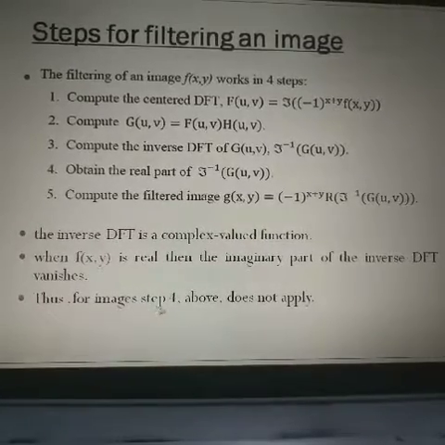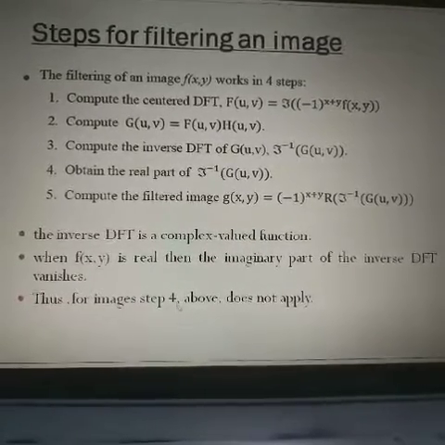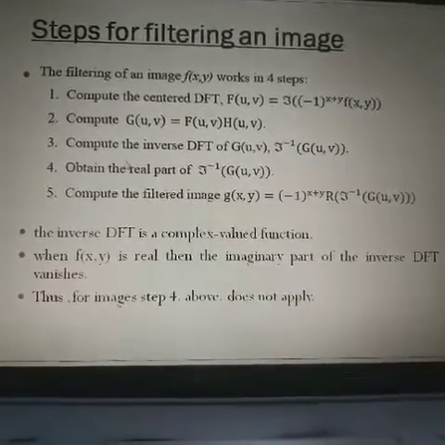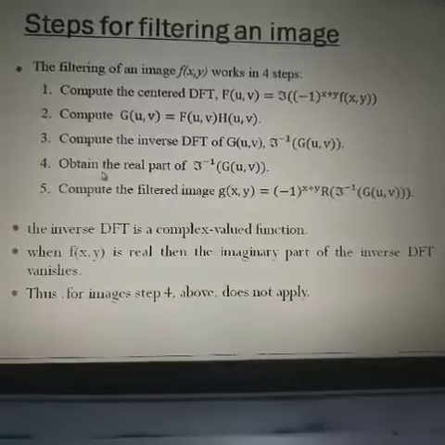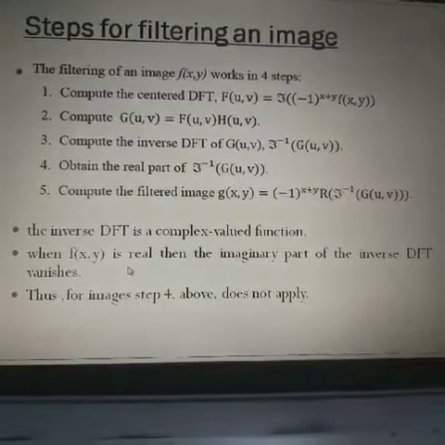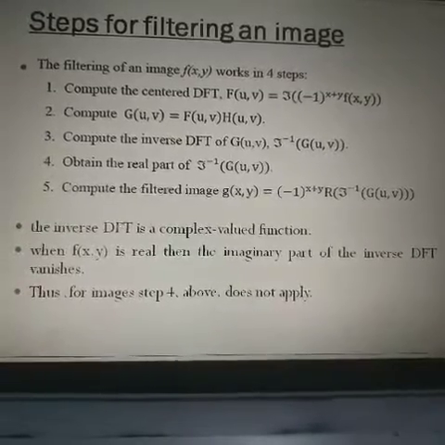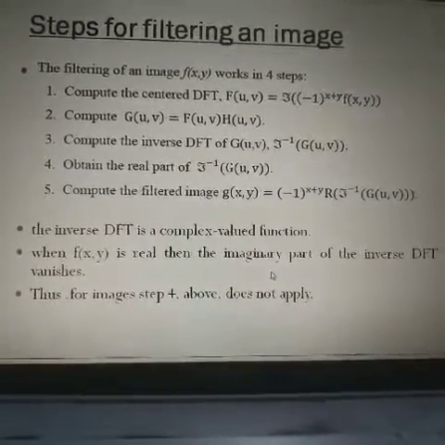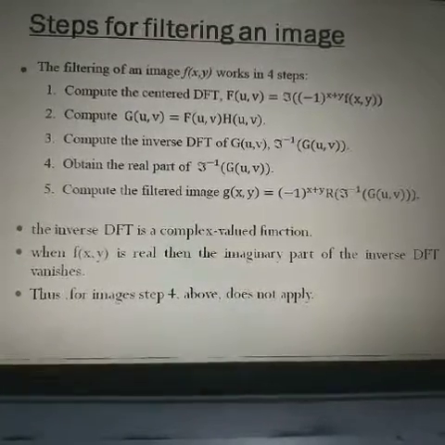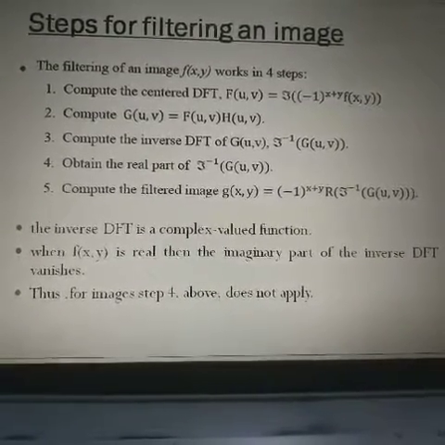Thus for a real image, step 4 does not apply. So if we see that the fourth step is to obtain the real part, but if the image is real, then the imaginary part already vanishes after taking the inverse of the Fourier transformation. So there is no need for the fourth step.